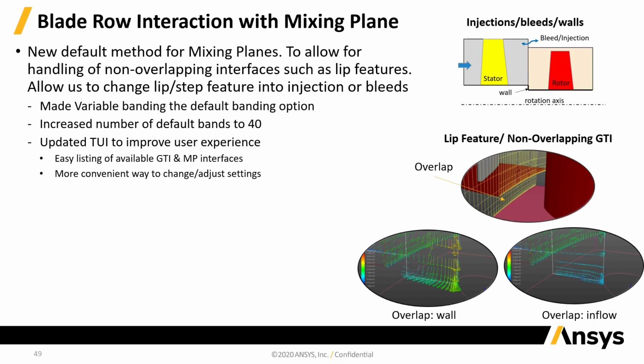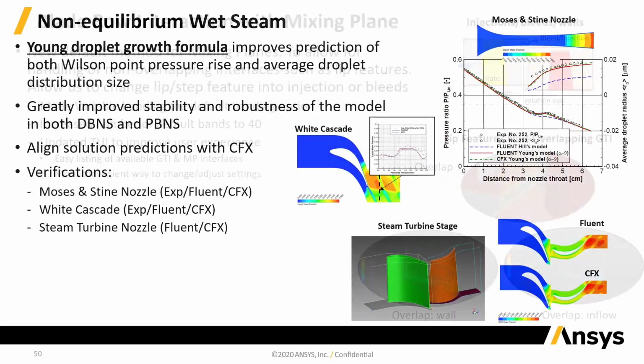There's a much higher default number of bands, circumferential bands for doing the connections, and updates in the TUI to improve your user experience. So if you want to use mixing planes, there's now additional features there ready to use.